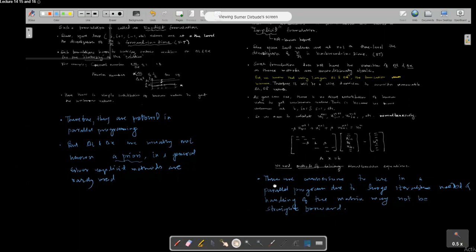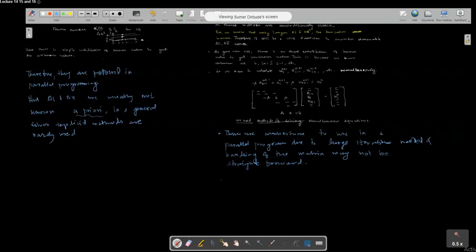Okay, so these are the most widely used methods, as they do not have restrictions on delta t, delta x.